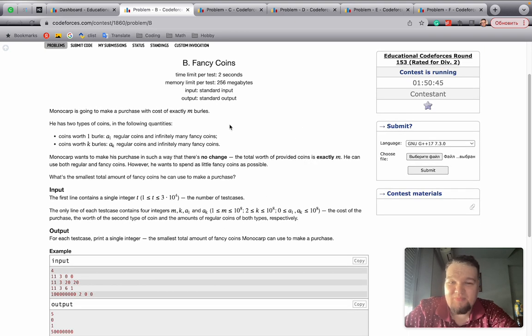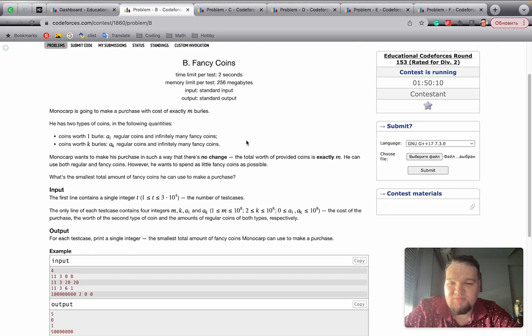Problem B. About some coins, apparently. Want to pay exactly M. We have two types of coins worth 1, some number of regular coins worth 1, and infinitely many fancy coins, and coins worth K. Again, some number of regular coins and infinitely many fancy coins.